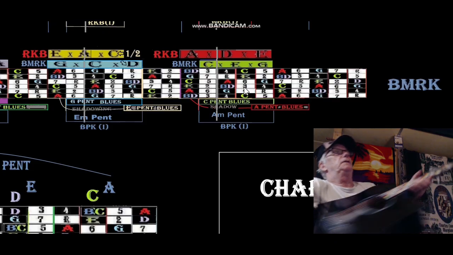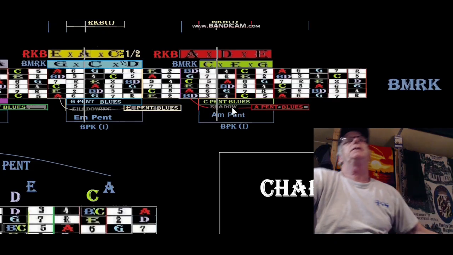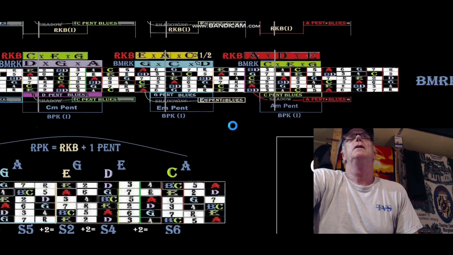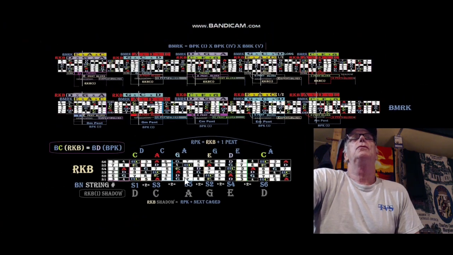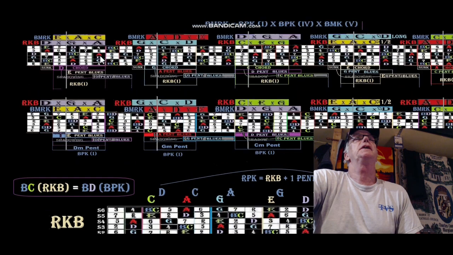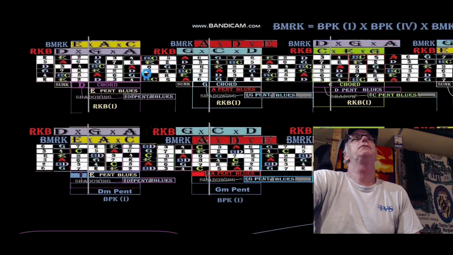So let's talk about this chart here. This is a carryover from the previous chart. So we talked about how this is just the same thing here, but the real action in this chart takes place with these two fretboards.